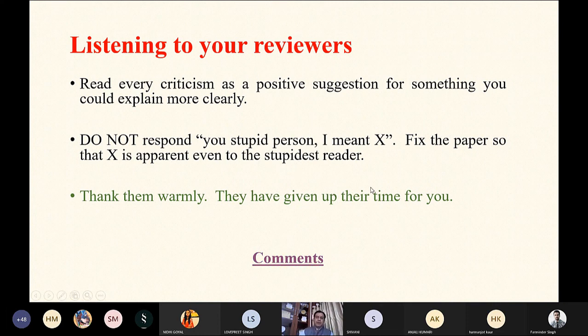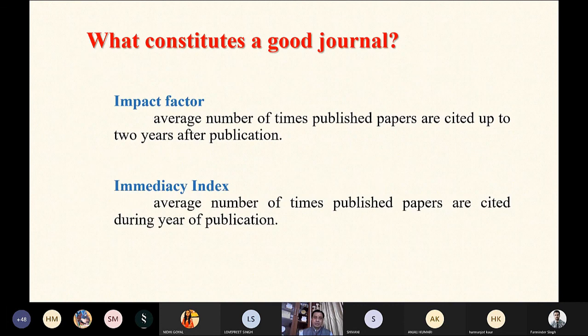Whatever reply we give, we have to be very polite, patient and respectful. Respectfully, we have to reply to all of them.